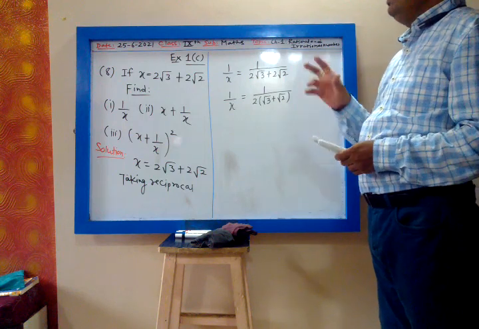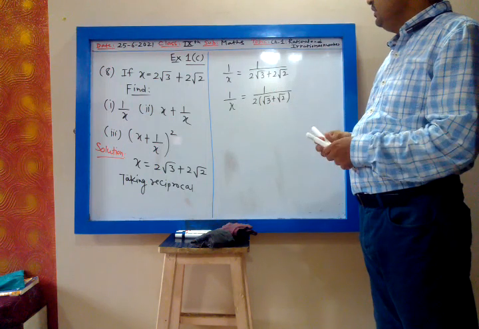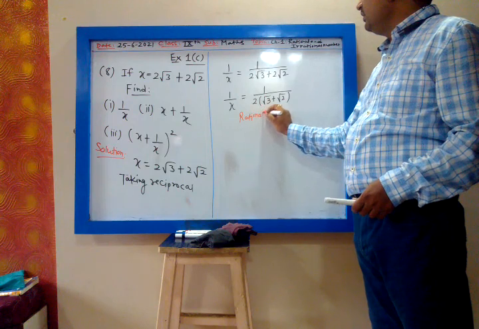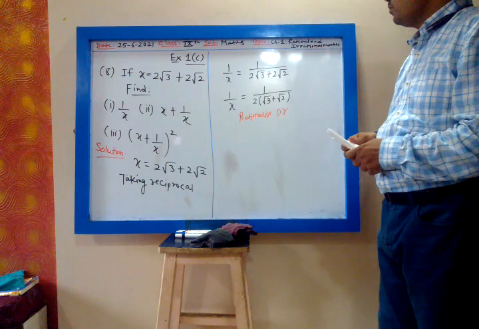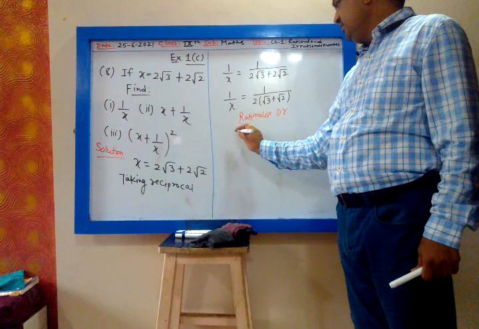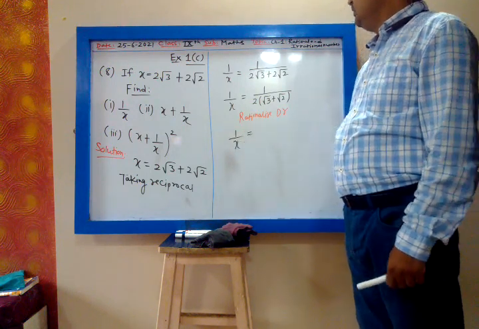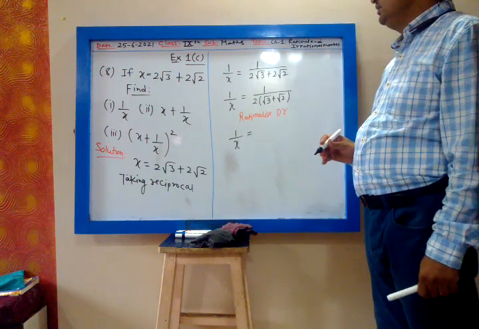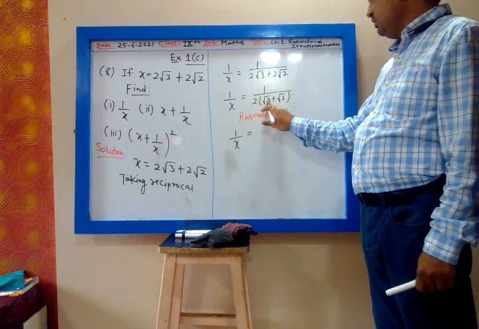Now whenever you want to solve the division of rational and irrational, you have to rationalize the denominator. So 1 upon x will be, what is the lowest rationalizing factor? Root 3 minus root 2.